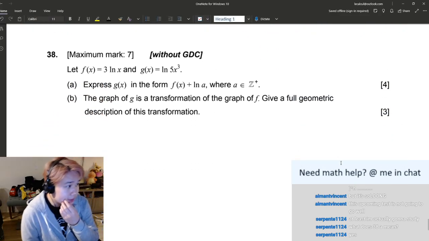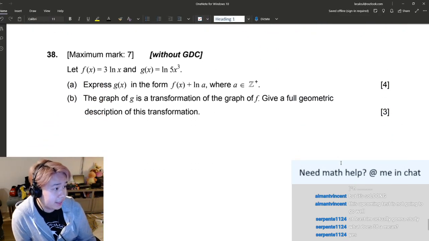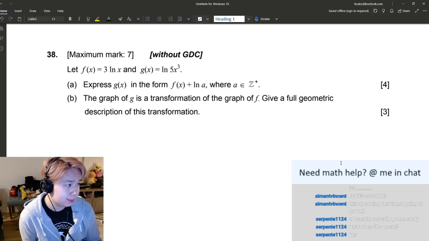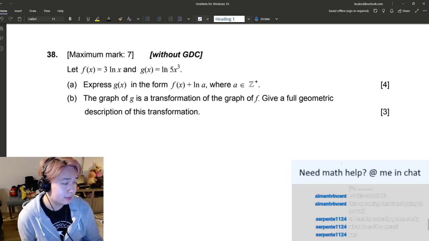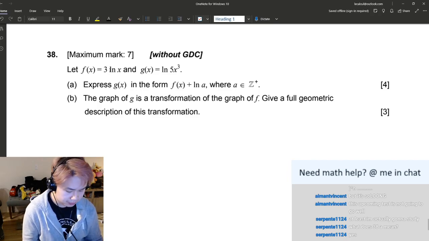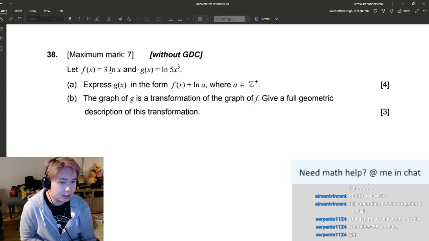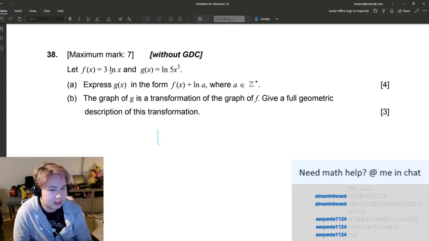You have 2 functions, and you need to rewrite g so that it's in the form f of x plus natural log of something else. The only real work we can do is using logarithmic rules.